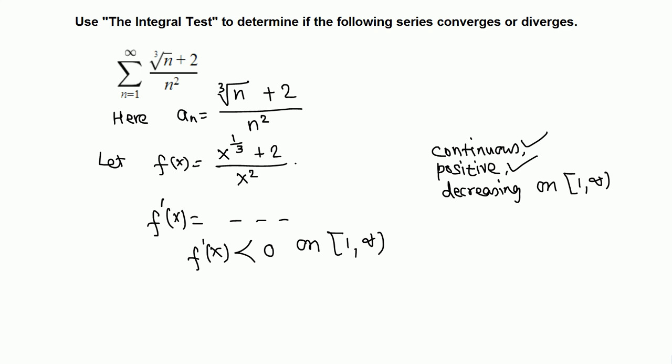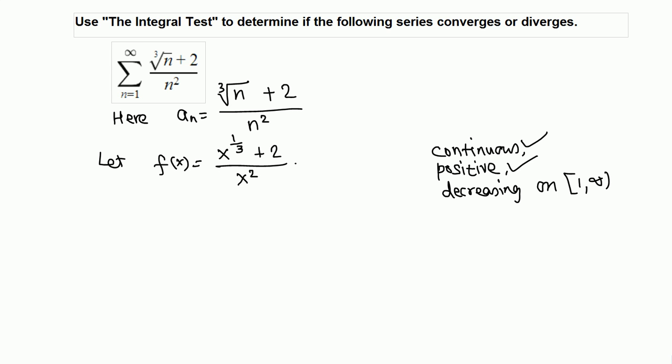But I want to give you some idea. This is the general method, but let's make this observation. Plus 2, when x is very big, it doesn't matter. Now the question is, which term grows faster, x raised to 1/3 or x squared?